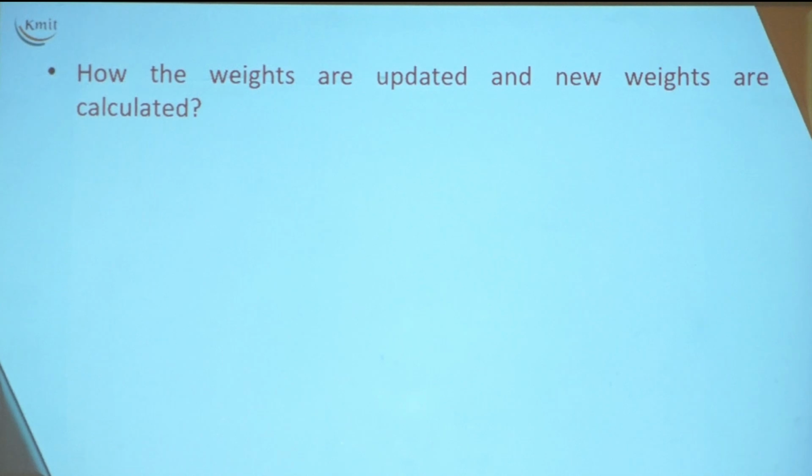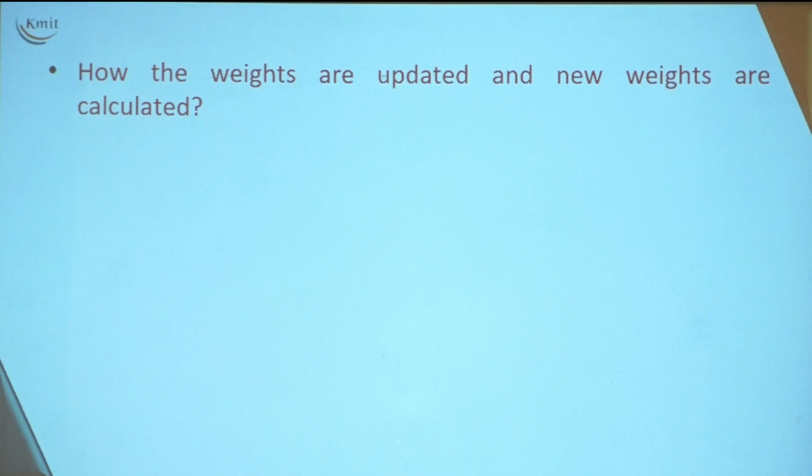Now, how are the weights updated and the new weights calculated? So, madam, as you said, when I do my forward propagation, random weights are assigned. But how are the weights changed? Okay. So, when I go for backward propagation, the one question that arises is, how are the weights getting updated or how are new weights being calculated?